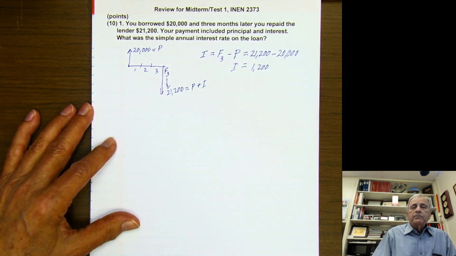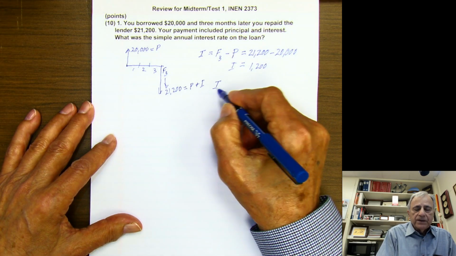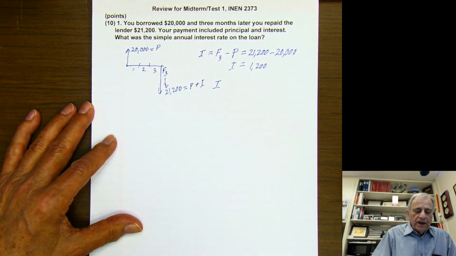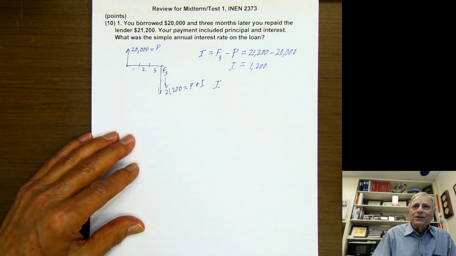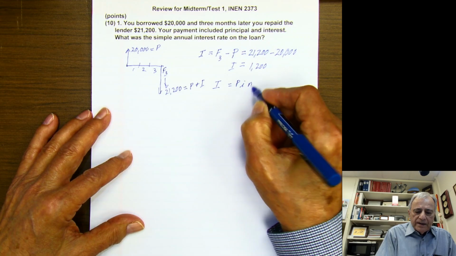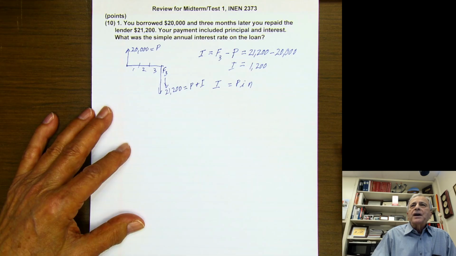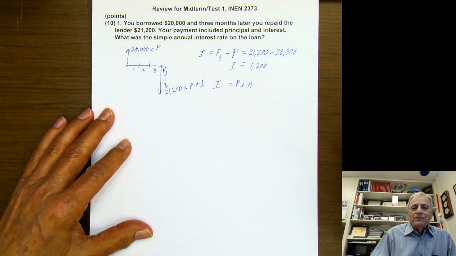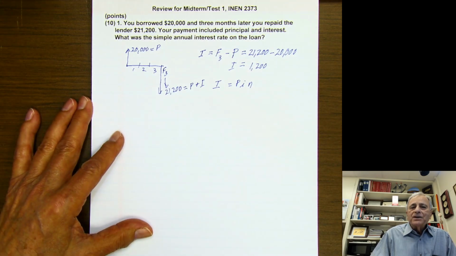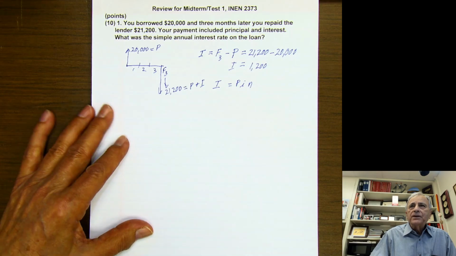And from simple interest formulas, we know that the simple interest is obtained from what I called the PIN formula, P-I-N, where I is the simple interest rate in this case. That's only true in chapter 1. In the remainder of the course, I stands for the effective interest rate in all of our compound interest formulas.